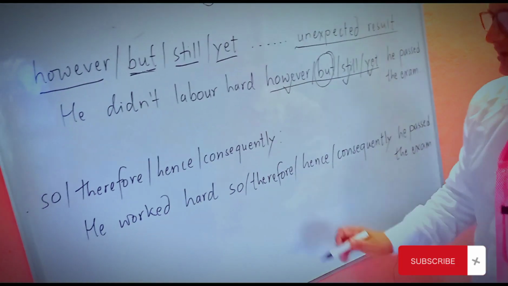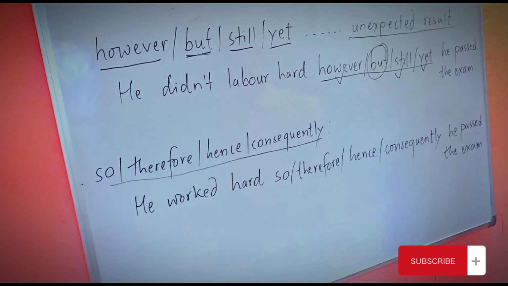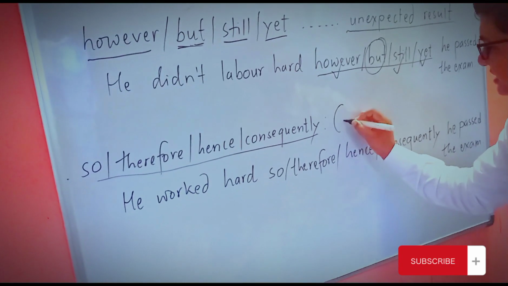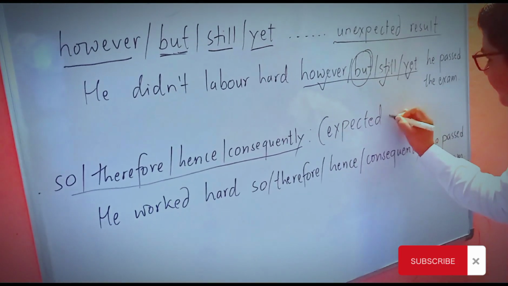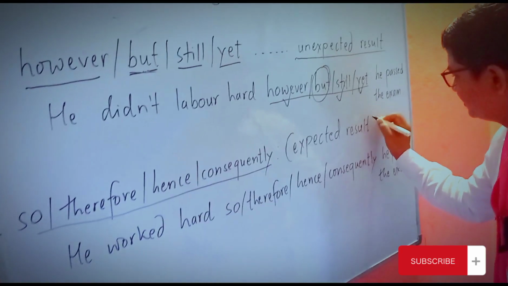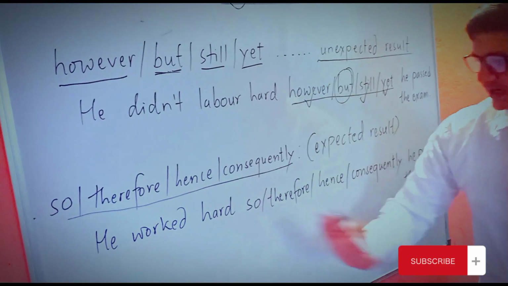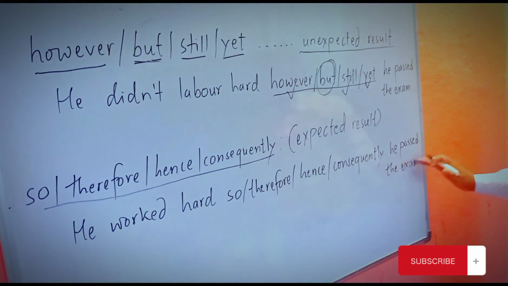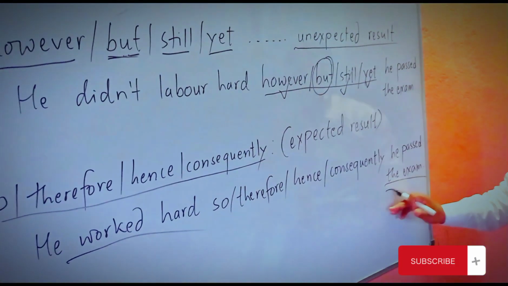Another group is so, therefore, hence, consequently. These show an expected result, not unexpected. He worked hard, so, therefore, hence, consequently, he passed the exam. This is expected. He had worked hard, that's why he passed the exam.